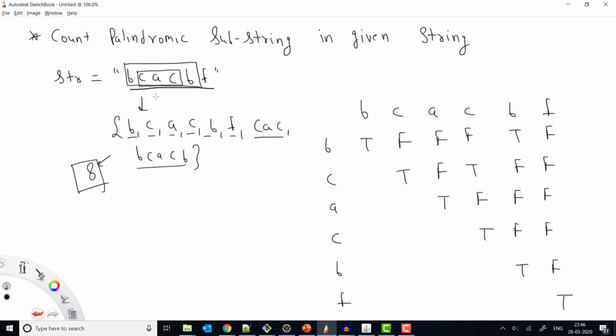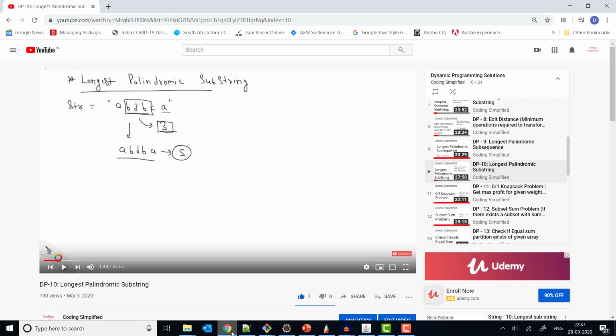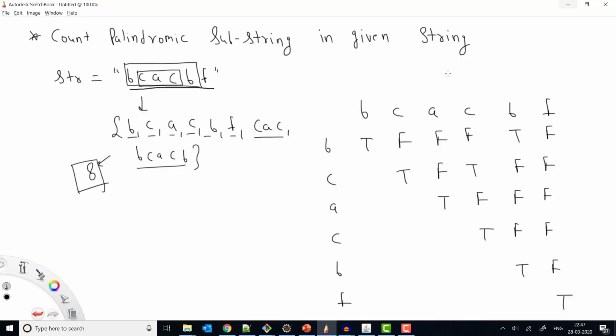Now the point is how you can solve this question, right? Before some days we solved a question, what is the longest palindromic substring, right? In our playlist, if you go into DP10, we found the longest palindromic substring. There we checked what is the longest palindromic substring in the given string.